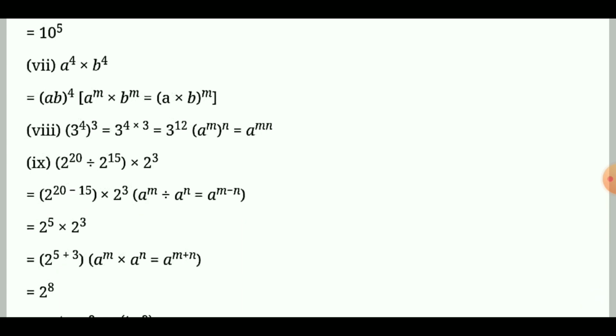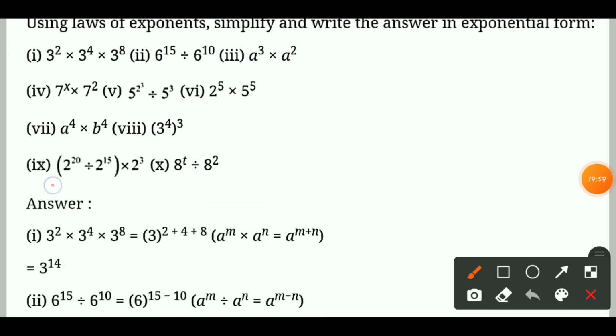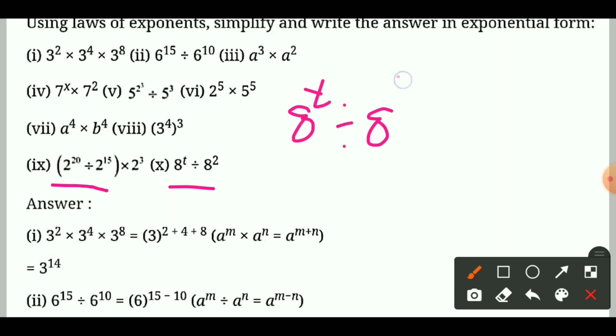Now the last question. 8 raised to power t divided by 8 raised to power 2. Here the question is similar to the second one. Base is same and the power is different, and we are going to do division of it.